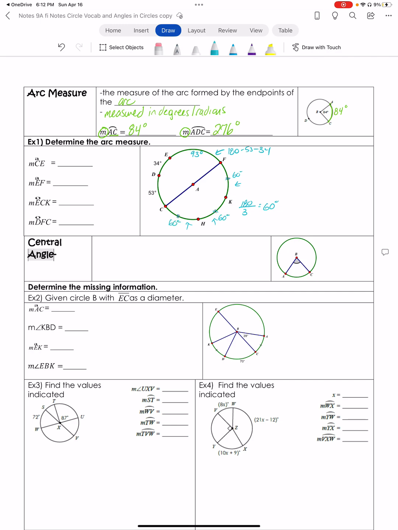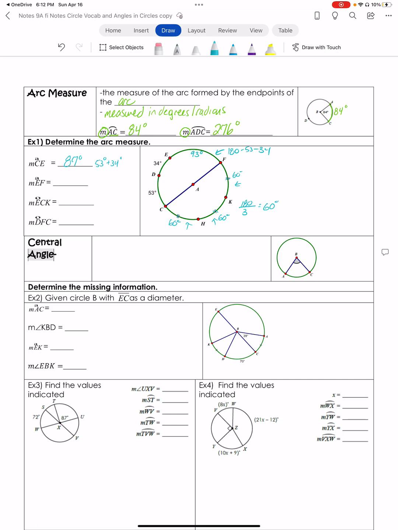So the measure of arc AC, say AC, CE, there we go. CE is just going to be your 53 degrees plus your 34 degrees, which is equal to 87 degrees. Okay.